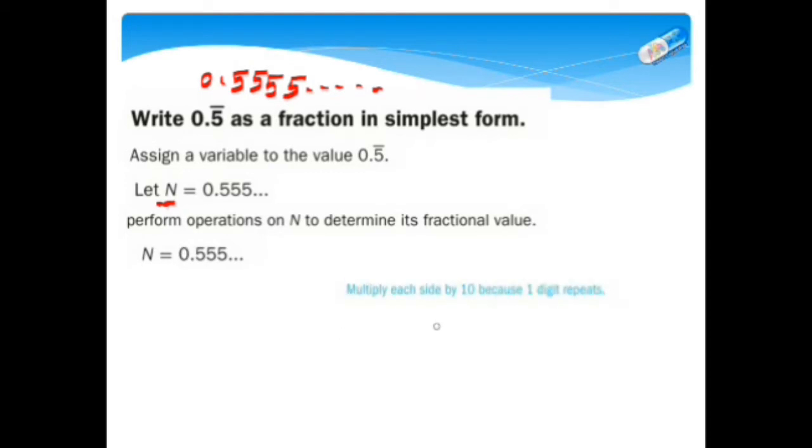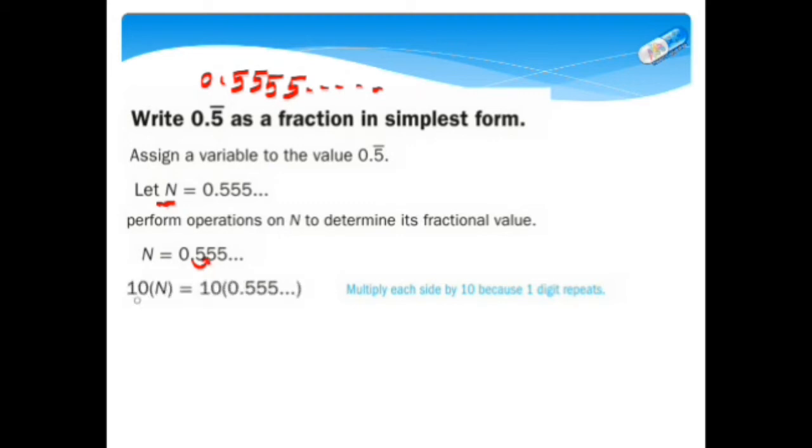First we multiply each side by 10 because one digit repeats. Look here, what repeats is the 5. So to eliminate it, we multiply by 10 so that we can change the place of the decimal point after the first 5.